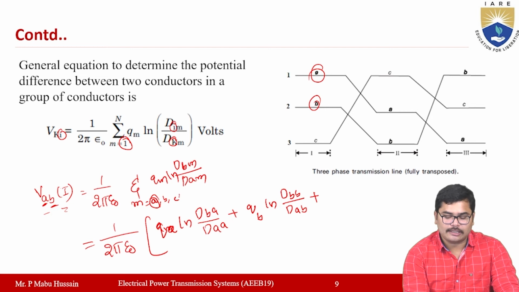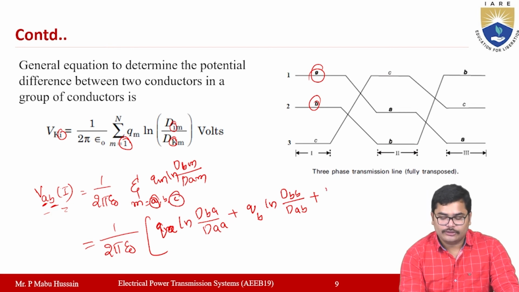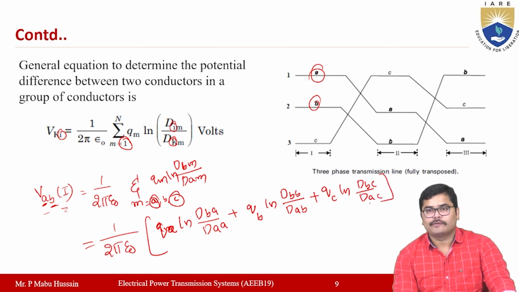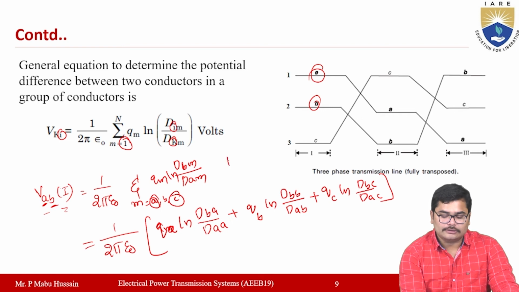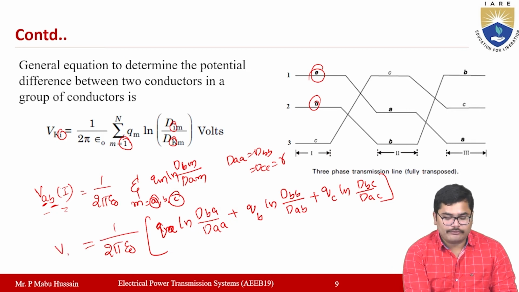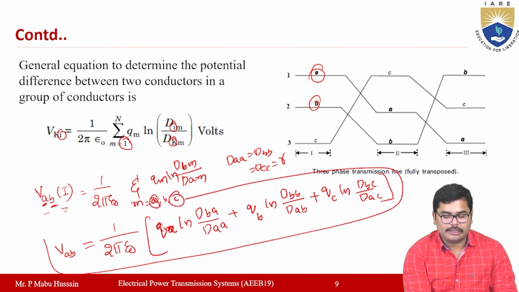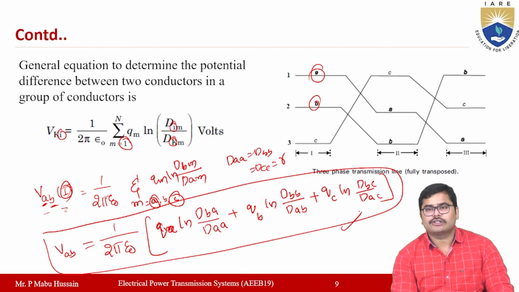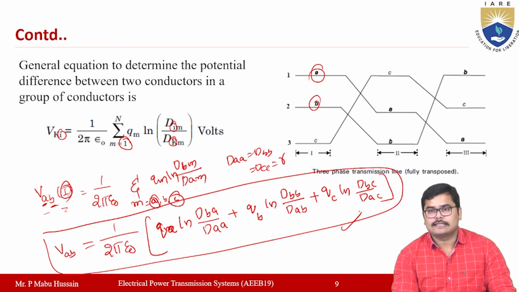Plus if you consider m is equal to C, then QC ln DBC by DAC you will get. As I already told, this value of DAA, DBB and DCC, these distances must be equal to radius R. Okay. So now this is the VAB expression. It may be in the first section or it may be any section. So this is the equation what you get from this general equation.